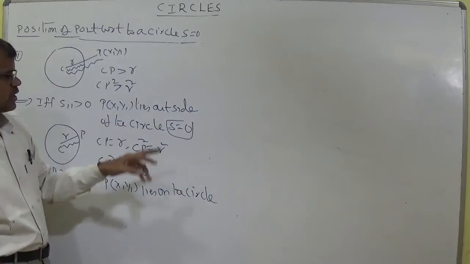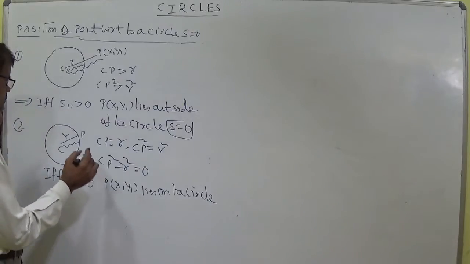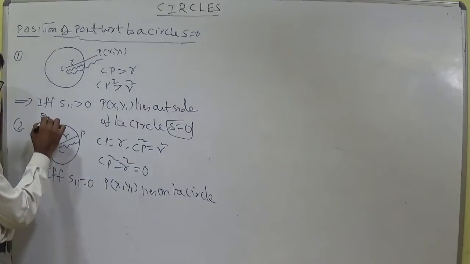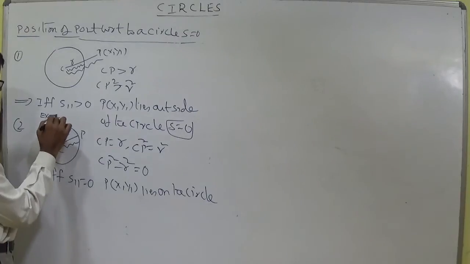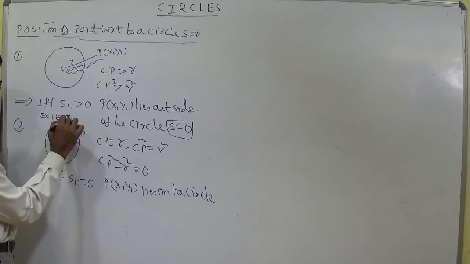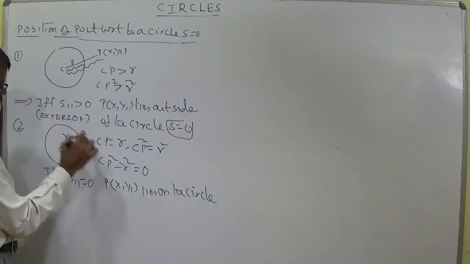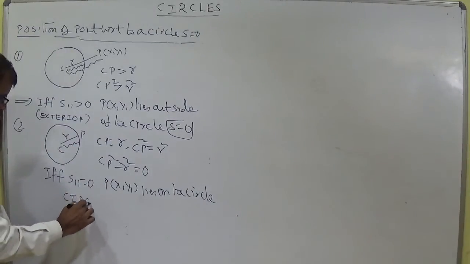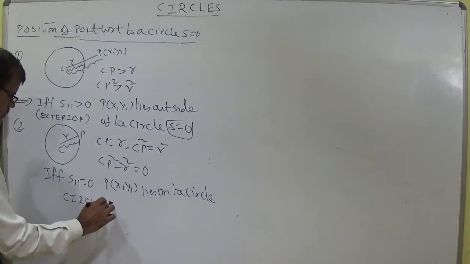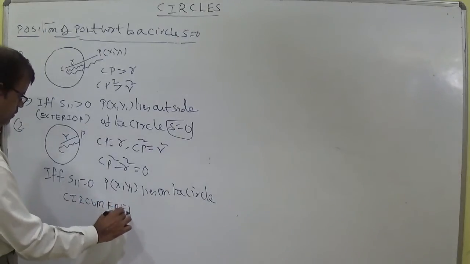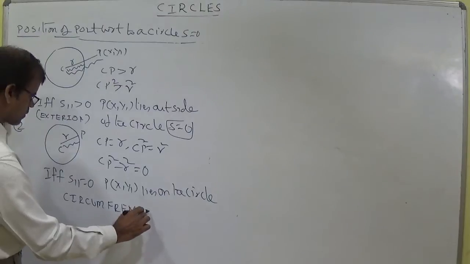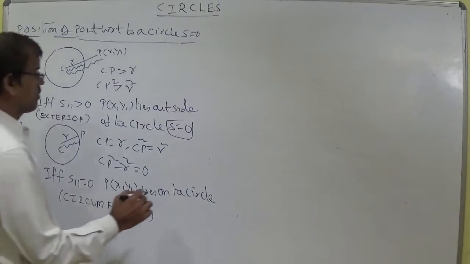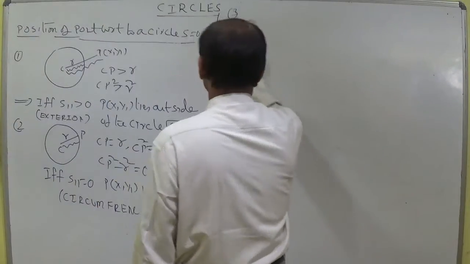The earlier case is outside, within the brackets you can write exterior point. Here you can write circumference point, on the circle point.